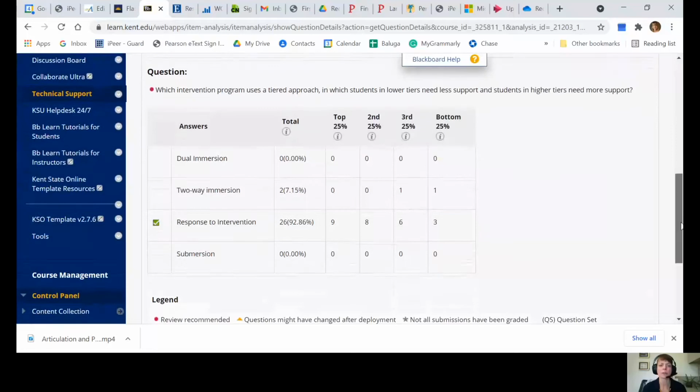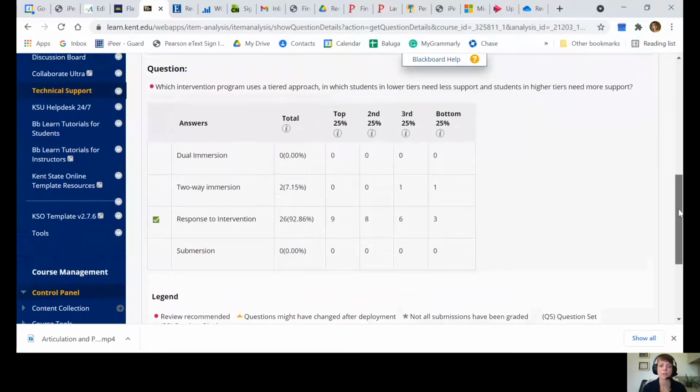Which intervention program uses a tiered approach in which students in lower tiers need less support and students in higher tiers need more support? And so that would be the response to intervention program. Typically you can use this even with someone who isn't demonstrating a lot of problematic ability, but maybe a few warning signs. We don't have to fully qualify them to be on an IEP, but we can do some things to provide some additional support.